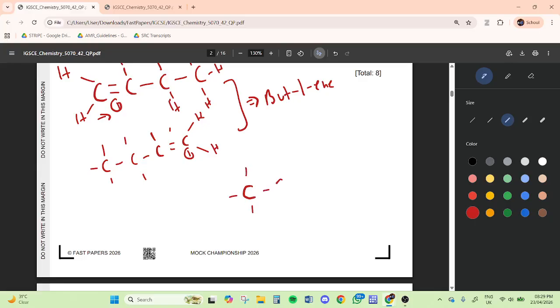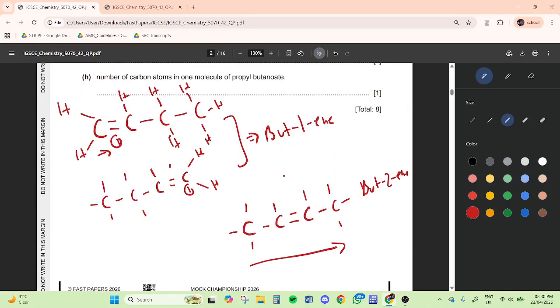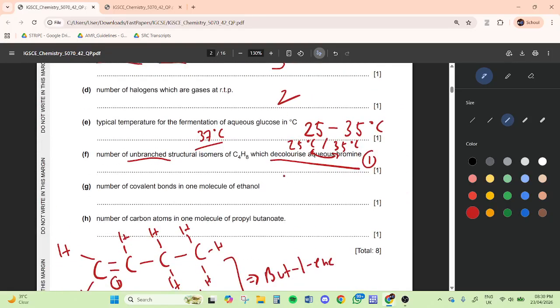This is your second carbon. It's got a double bond with this carbon. They've both got one hydrogen here, and this is bonded to another CH3 over here. So this is still a straight line, and it doesn't matter if you're drawing it from this direction or that direction. It's still the second carbon that has the double bond. So but-2-ene is your other structural isomer of C4H8 that decolorizes aqueous bromine.